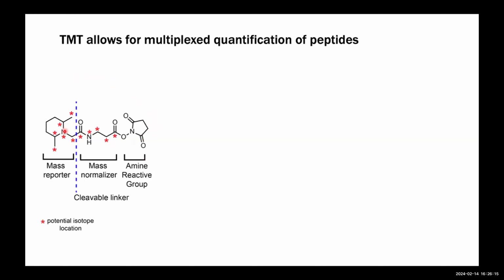And these isotopes add up to the same mass. However, during a mass spec experiment, fragmentation occurs in the mass spectrometer, and the labels will then be cleaved. And this causes each of the 11 different tags to have different masses, so I can quantify how much of that peptide was in each of my different samples.